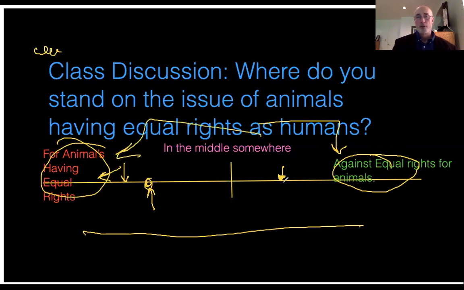But what about the person that's somewhere around the middle here? I'll just circle my middle spot here. What if you land here, then what are you against? So, for simplification, I'm going to circle this one right here. If I am a meat eater who's not going to give up my meat, but I think we should be a little bit more sensitive to treating animals more fairly in some ways, then that's my position.